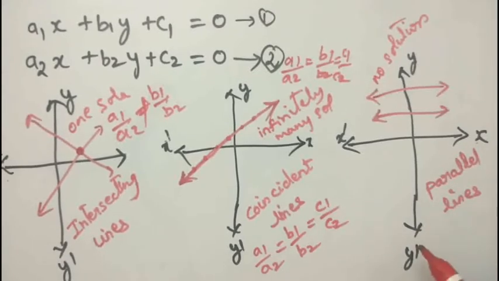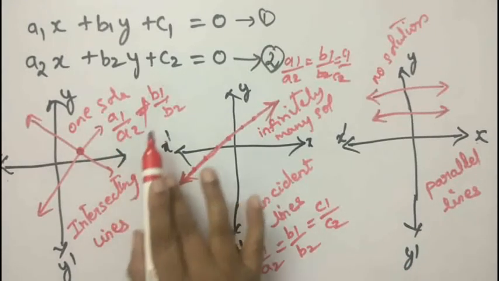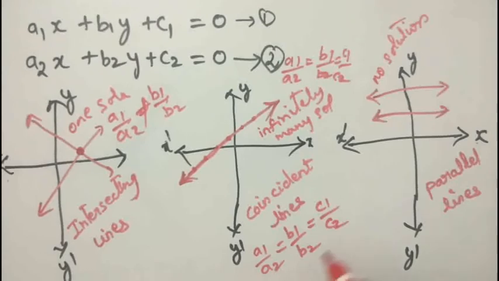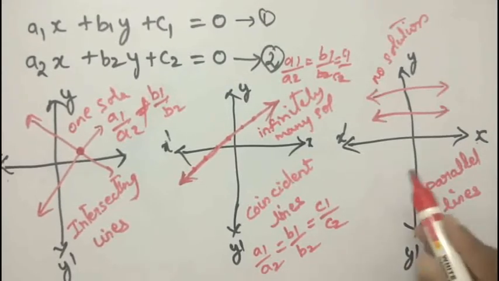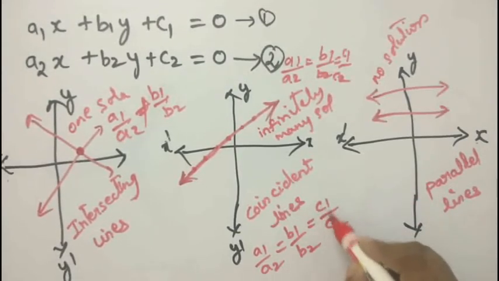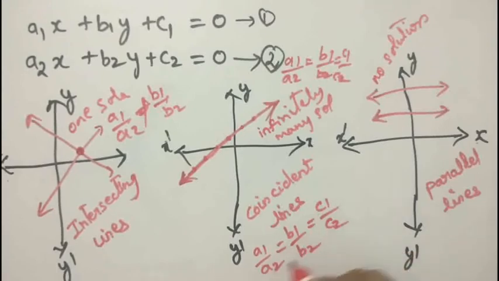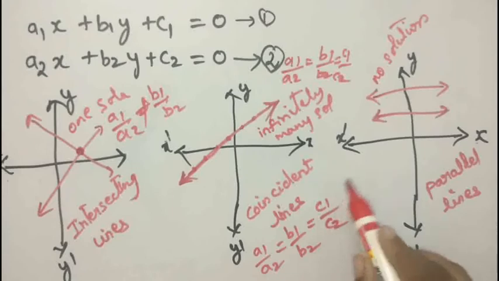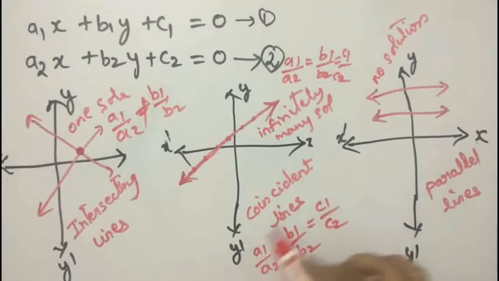Next, the parallel lines. In case of parallel lines, the first two ratios will be equal, only the ratio of the last constant terms, c1 by c2, will not be equal to these ratios.